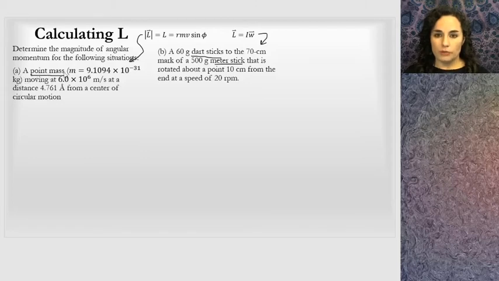Part A is a point mass with a mass given moving at, I'm going to notice this as a speed because of the units, meters per second, at a distance 4.761 angstroms. You might not recognize that, but that's an angstrom. 1 angstrom is 1 times 10 to the negative 10th meters from the center of circular motion.